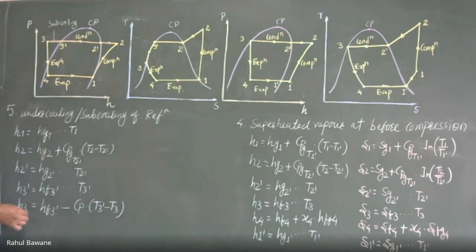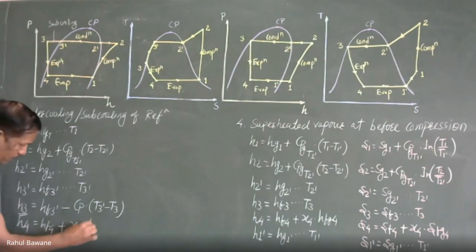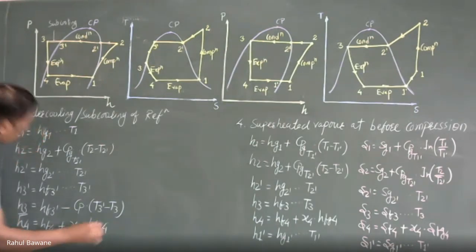So the enthalpy of the subcooled refrigerant condition will be Hf3' at this point, whatever the enthalpy be, minus Cp into T3' minus T3. Then H4 is regularly Hf4 plus dryness fraction x4 times Hfg4. So this will be the enthalpy calculation if there is subcooling.